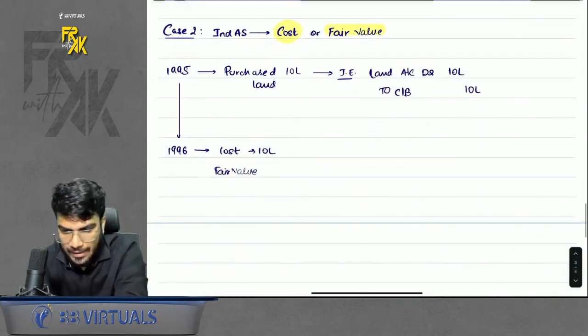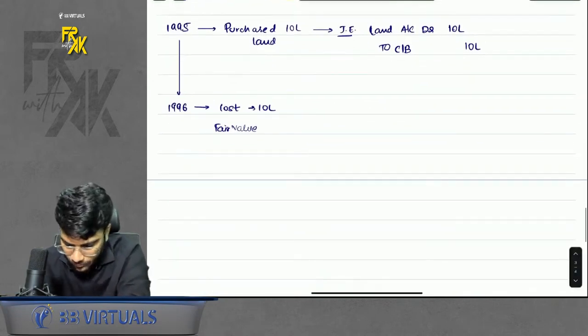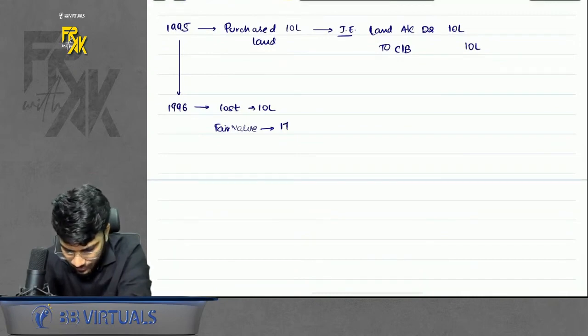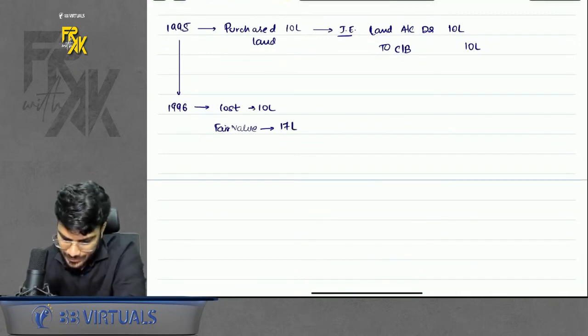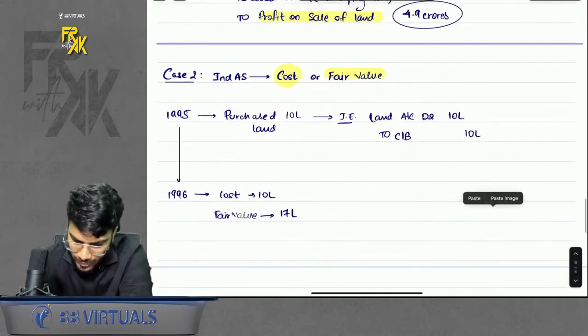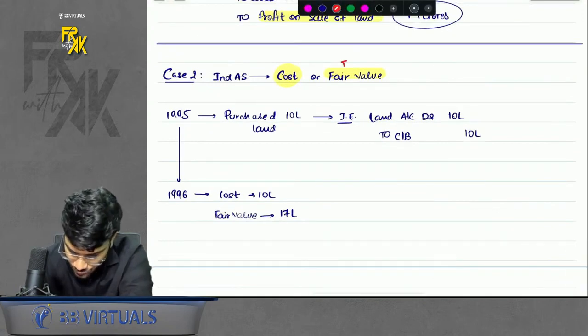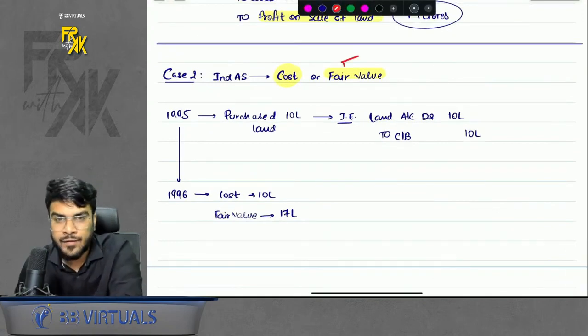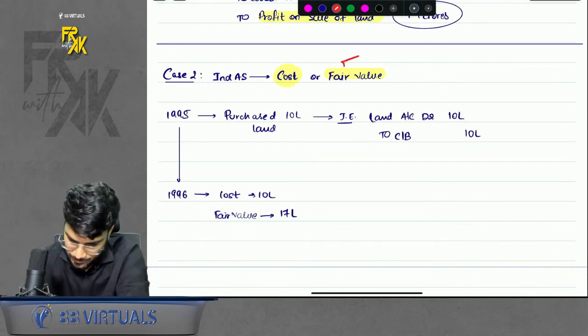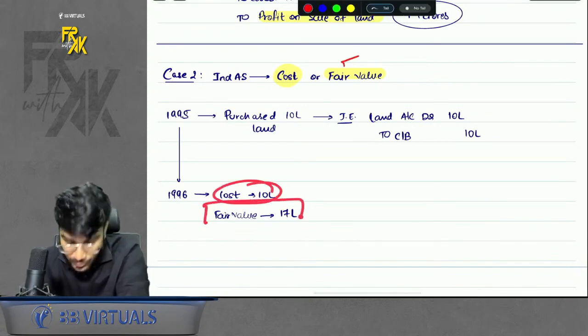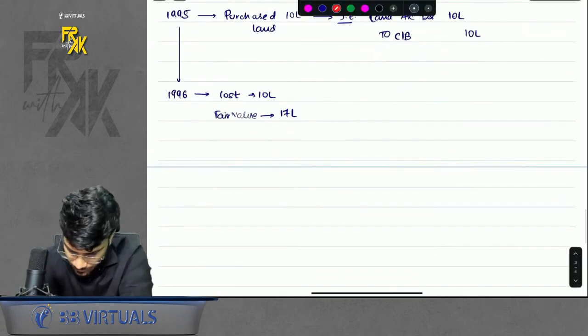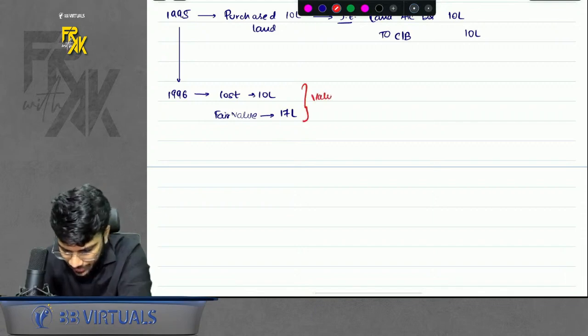So in the year 1996, we came to know that the fair value of the land is 17 lakhs. And as per IND AS, we have chosen to value everything at fair value. Okay, sir. So the cost is 10 lakhs, fair value is 17 lakhs.